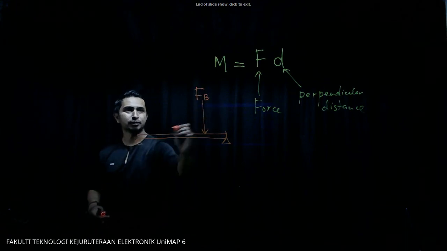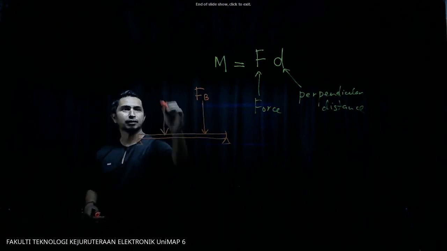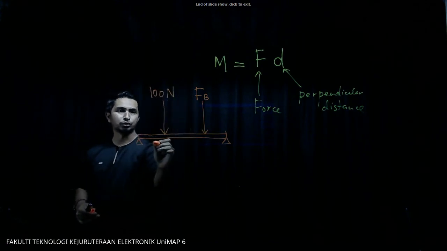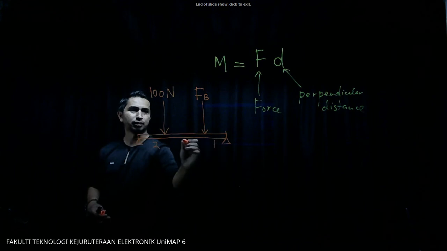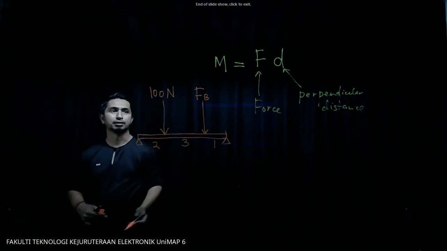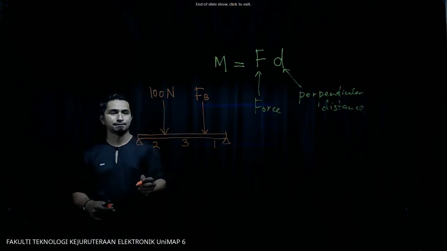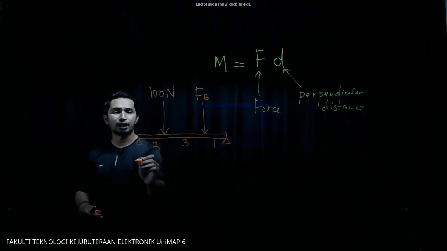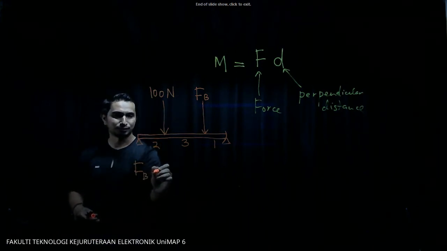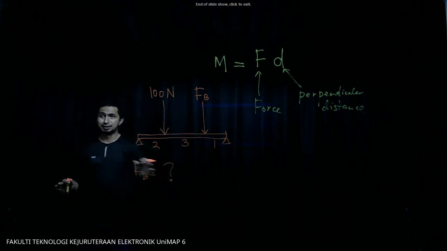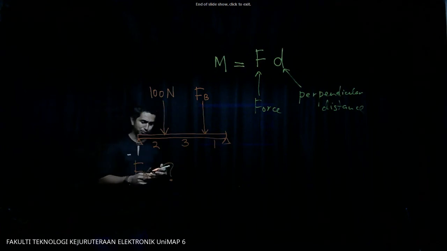FB. 100 Newton. 2 meter, 1 meter, 3 meter. Can you calculate FB for me? Okay, what is the value of FB, for examples? So this is the thing that I can ask you about that.